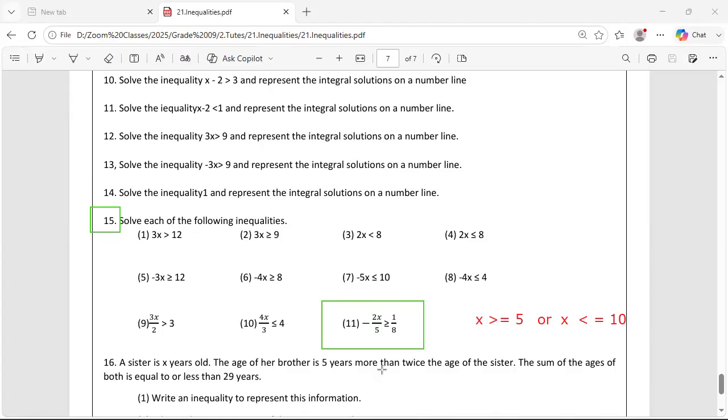It's 5 upon 8. Here you have negative 2x greater than or equal to 5 upon 8, because I have multiplied both sides by a positive number. Nothing would change. Now, if you remove this negative 2, what are you going to do?